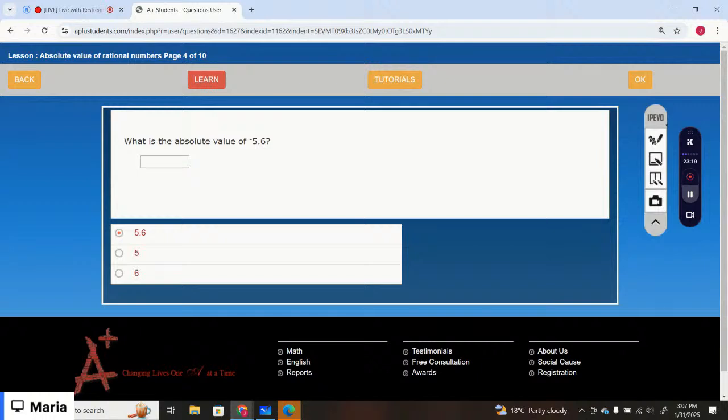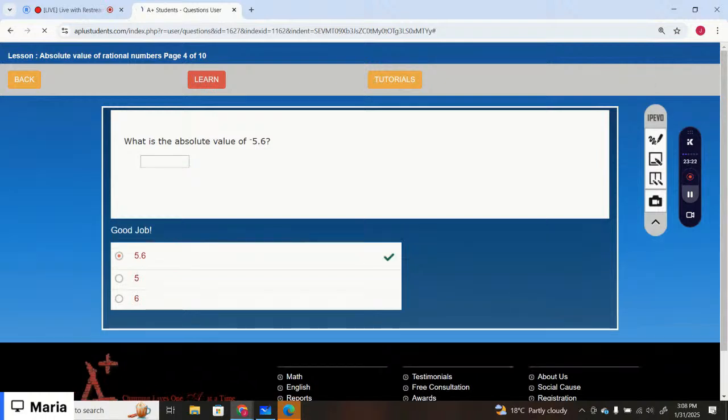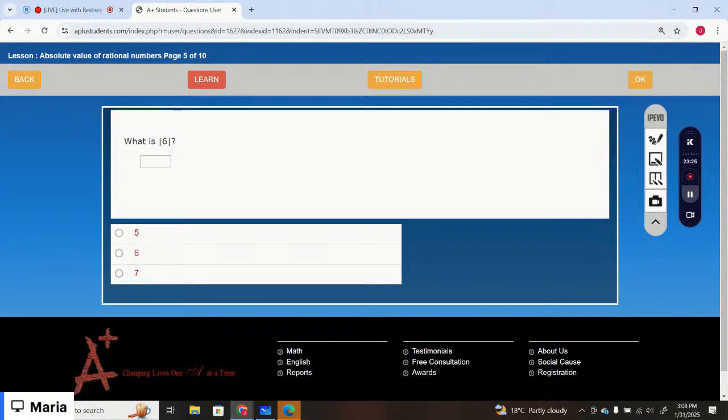Option number one is the correct option. What is absolute value of 6? That is 6.